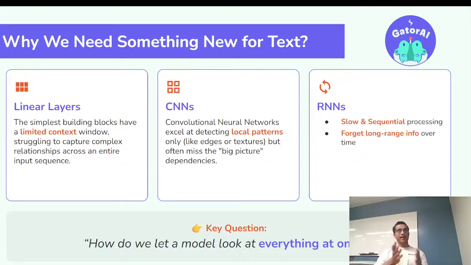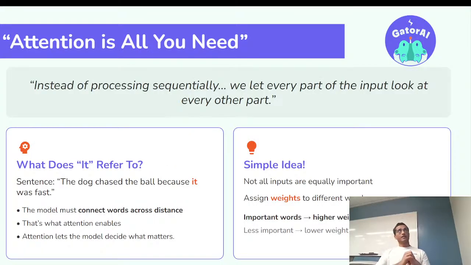It has recency bias. So the key question is, how do we let a model look at everything at once? The way that works is we're going to dive into attention. This paper, Attention Is All You Need, laid the foundations for core transformers, a lot of the GPT models that you use on a daily basis.